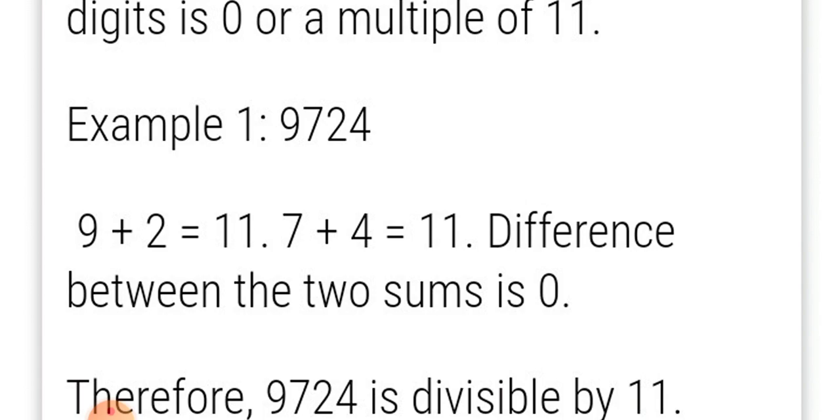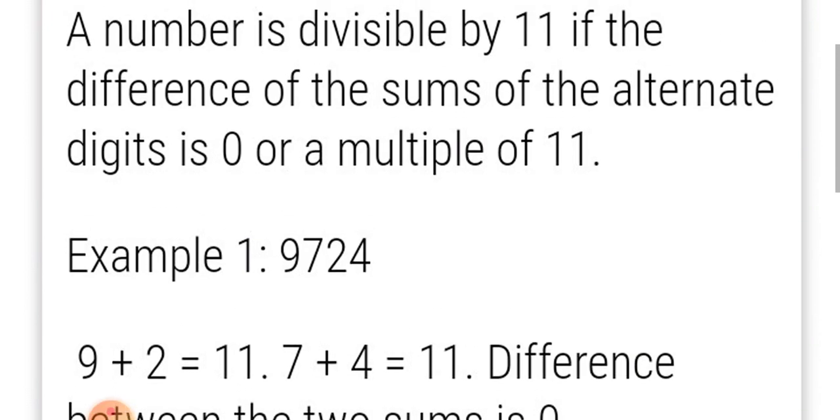Now you have to take the difference of these two sums: 11 minus 11 is 0, isn't it? So the difference between these two sums is 0.